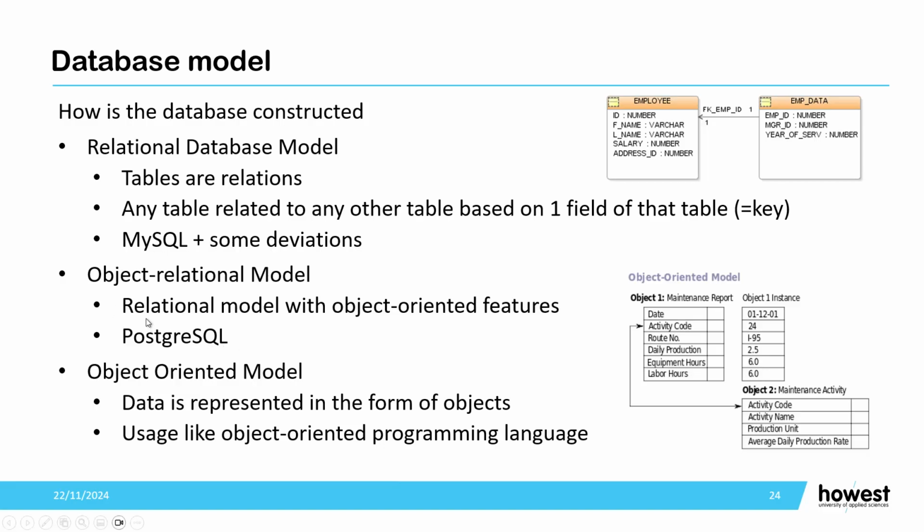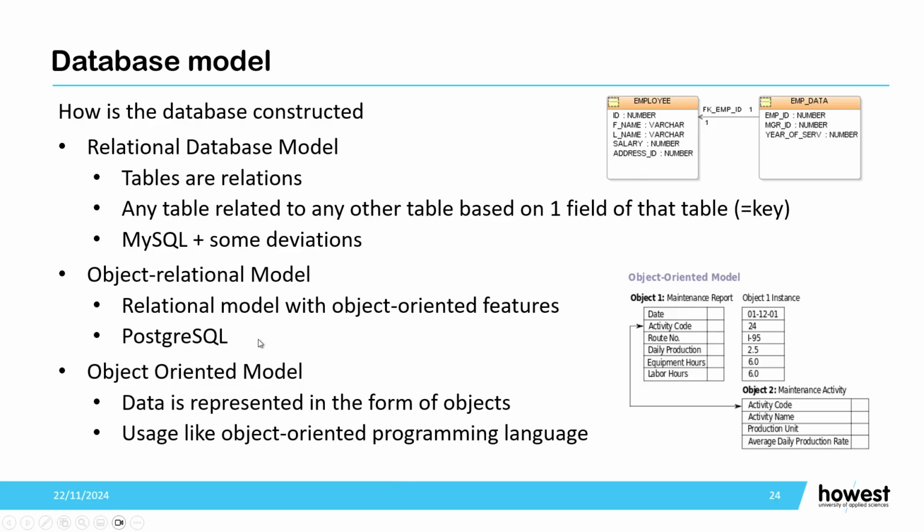Then you have some special kinds, object relational, where you don't just have a table, but this table is actually an object, and an object creates an instance. So it's a bit towards, how should I say it, object-oriented programming-like, but this is a step between, because you can still have relations between multiple things as well.